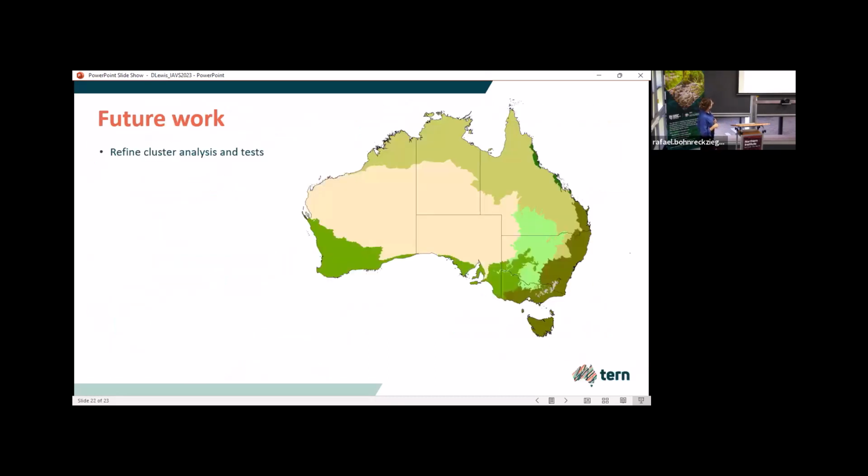So future work. With the work that I've just presented now for the tropical savanna, we do need to refine it. They're just preliminary results. We would like to add additional environmental layers to that classification, and run some additional tests as well.